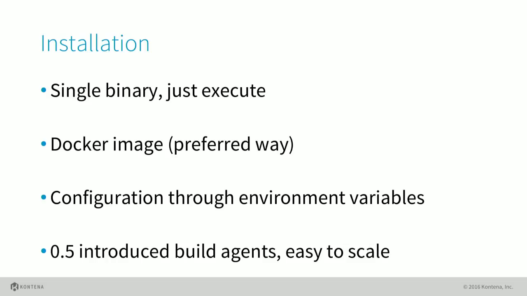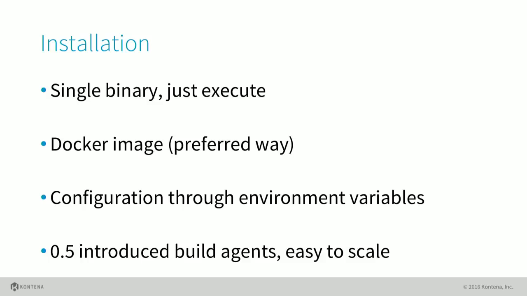The installation for drone is really simple, because as I said, it's a single binary, just execute it. Of course, the preferred way to do it is to use Docker images available in the Docker Hub. And then the configuration is done through environment variables.